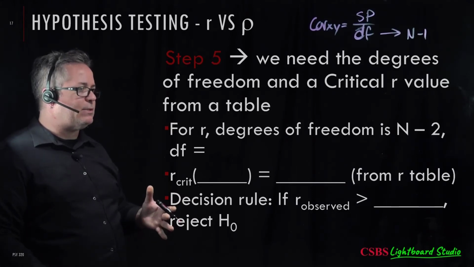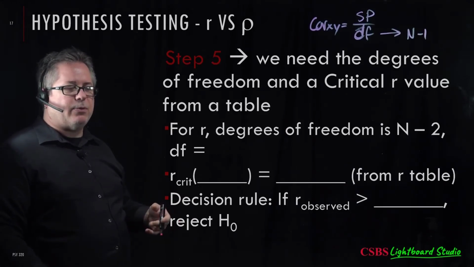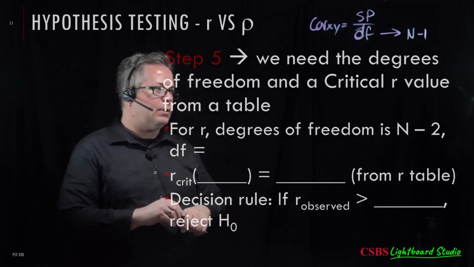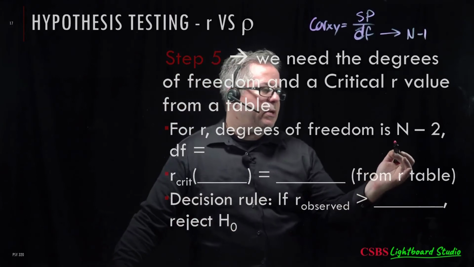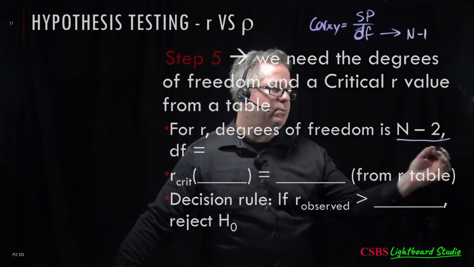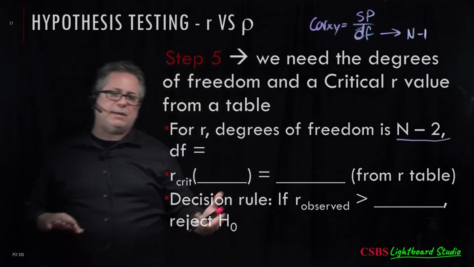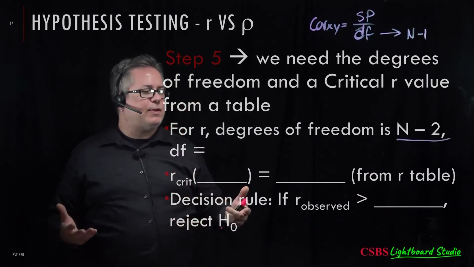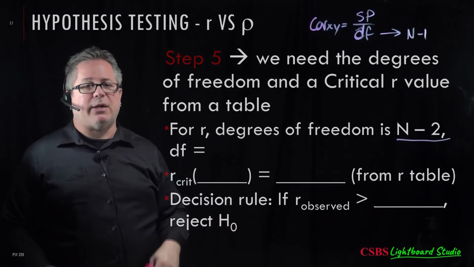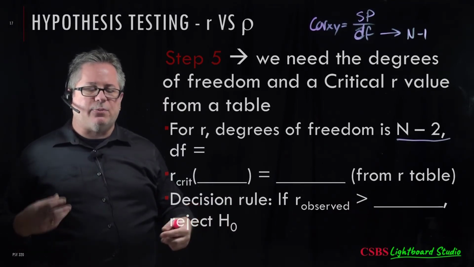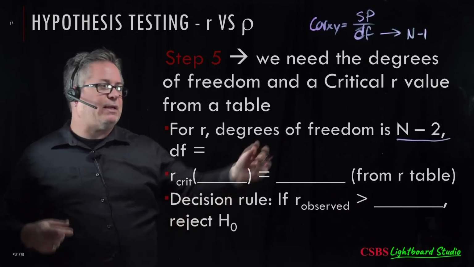It makes some sense. But when we go to look up an r critical value in a table, we're going to look it up with n minus 2, not n minus 1. So now you have n minus 1 to divide by, but you have to look it up with n minus 2. It's kind of a pain. The reason for the n minus 2 is that when we're looking at correlation, we have two variables, an x and a y. They both have means, and we need those means to calculate the covariance.